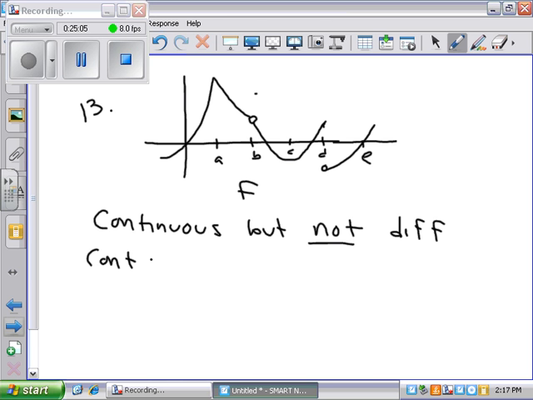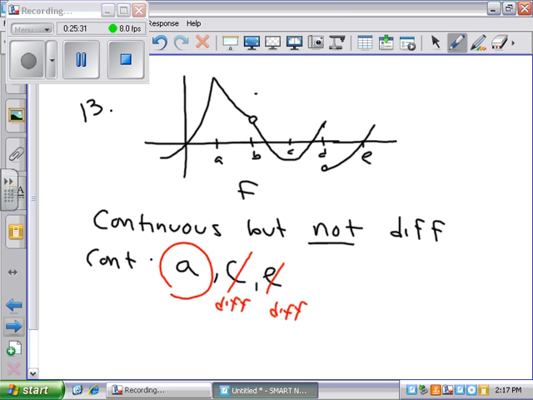It's continuous at A, C, and E, but not at B and D. It's differentiable at C and E.